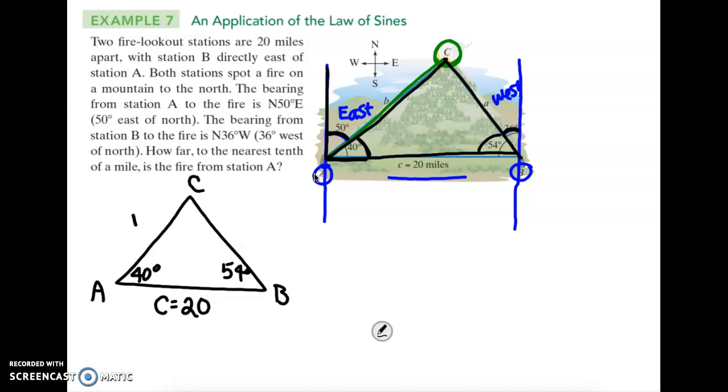And then we have little b here and little a there. And our goal is to find side B. We're not able to use the law of sines yet because we don't have a pair. We don't have something like big C and little c. So we need to find that first. So step 1 is to find big C.